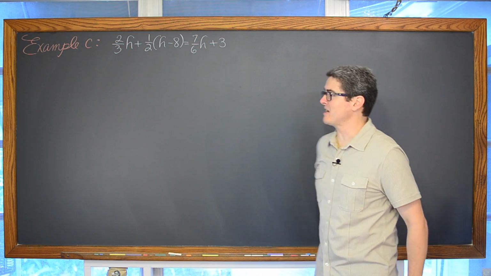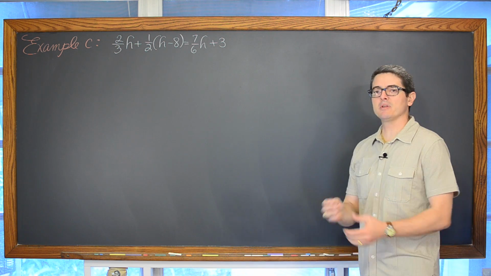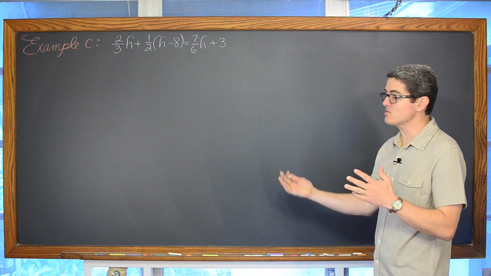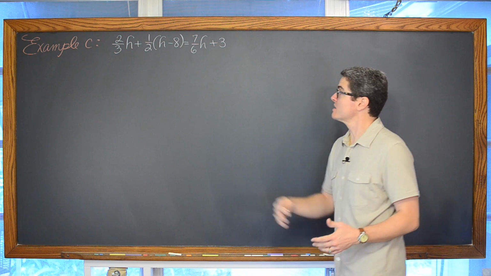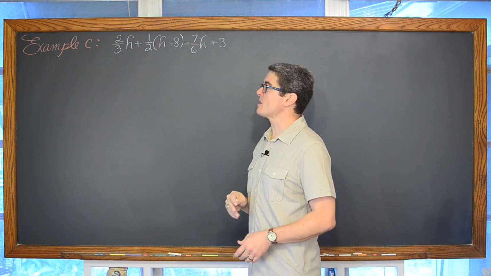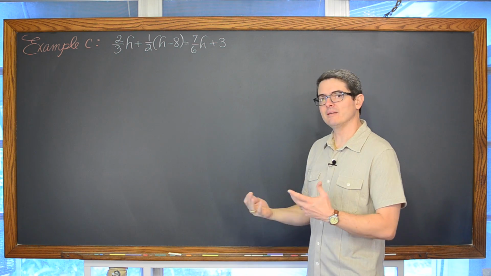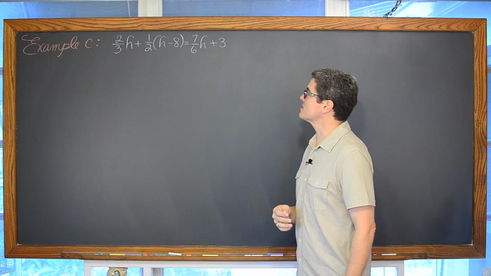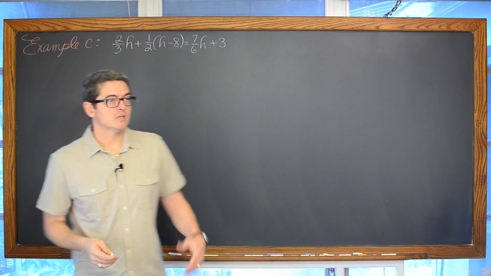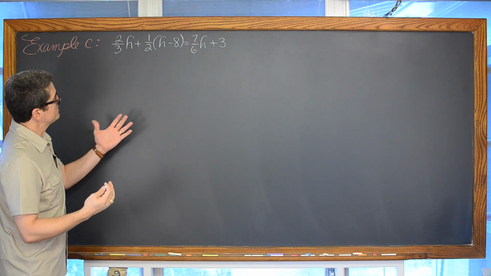Example C, third example. We've got 2/3 h plus 1/2 times the difference of h and 8 equals 7/6 h plus 3. Okay, so what do we do? We have parentheses.